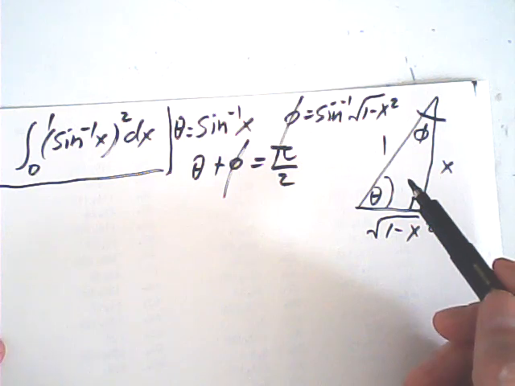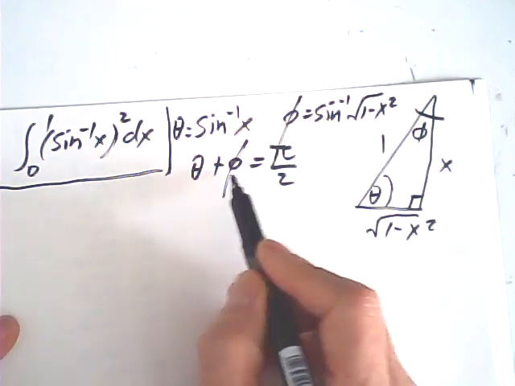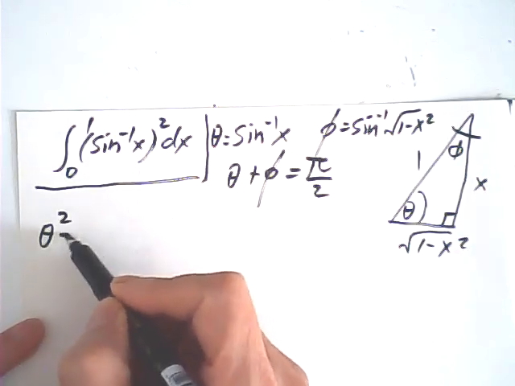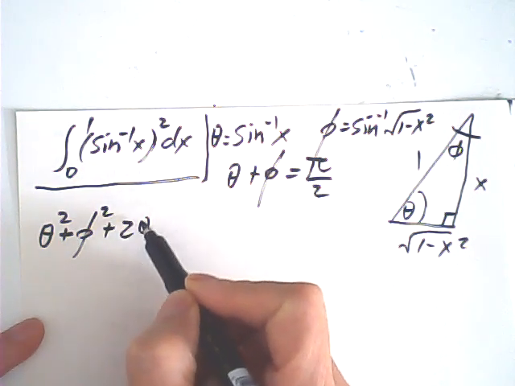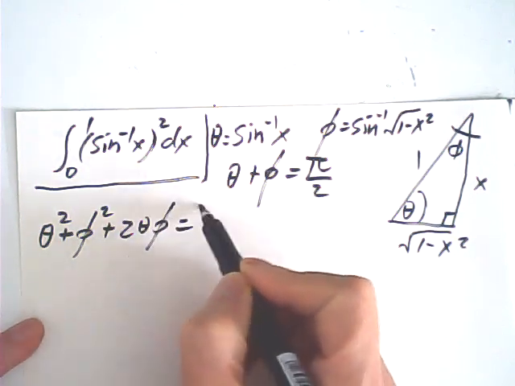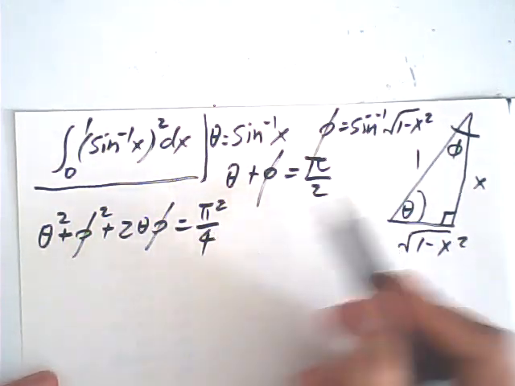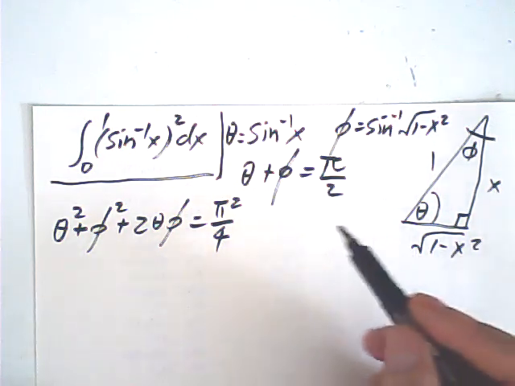Therefore, squaring both sides, this squared plus this squared plus 2 theta phi is equal to pi squared over 4, right? Both sides squared.